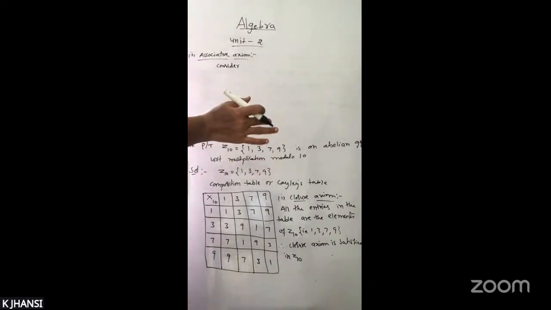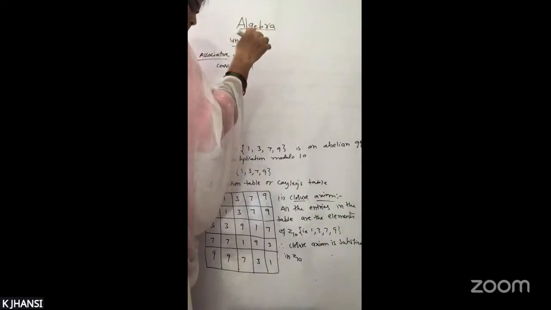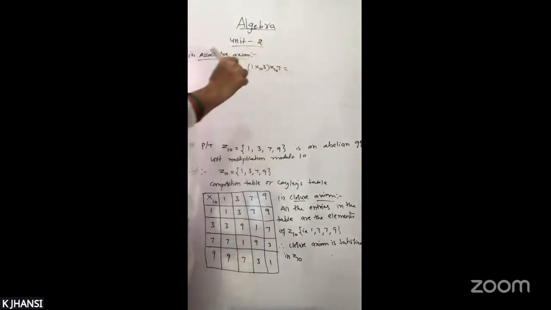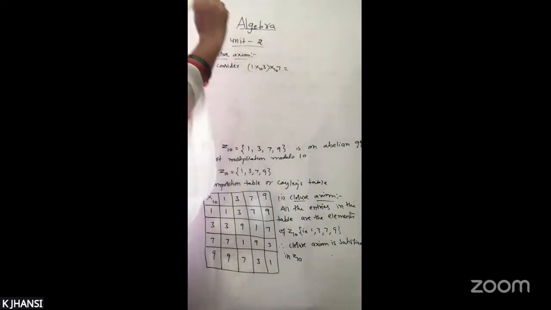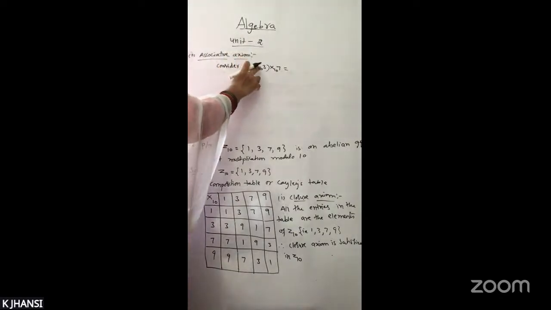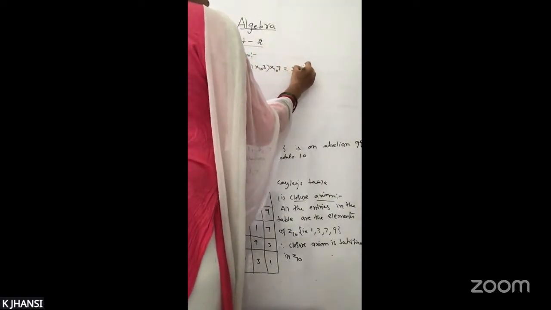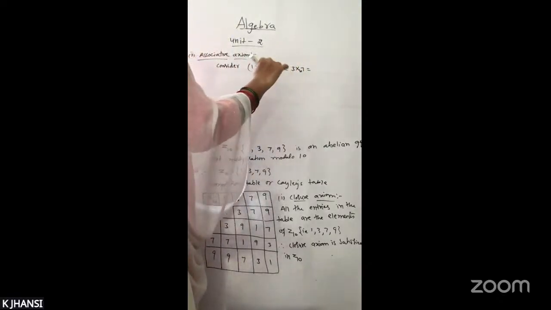It's your wish; you can choose any three numbers. So take 1, 3, 7. This is (A cross B) cross C. 1 into 3 is 3, and 3 into 7 is 21. With multiplication mod 10, you will get the value 1.